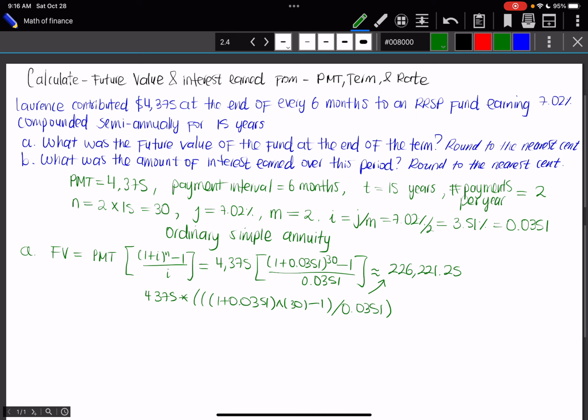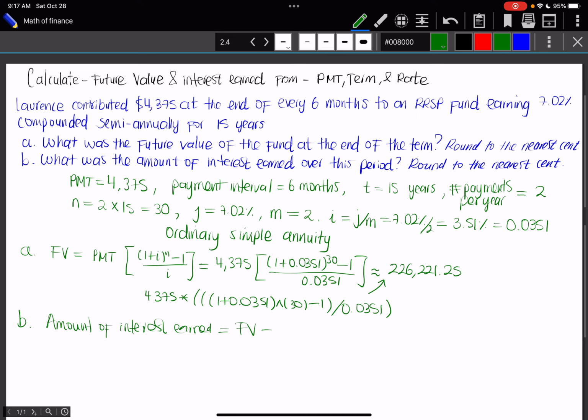Now for part B of this problem, so we're done with part A. Let's move on to part B. To work with part B of this problem, we use another formula. The amount of interest earned is equal to the future value of the investments minus the amount invested over the term.